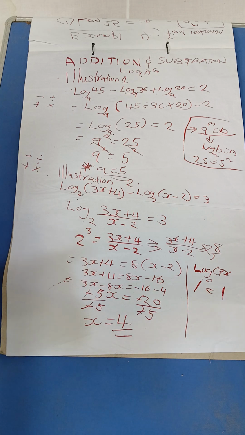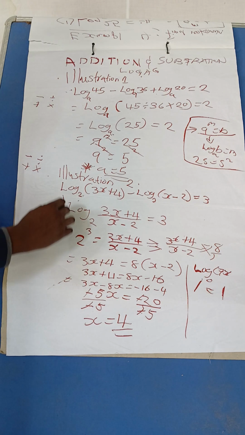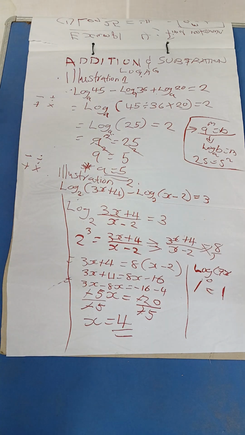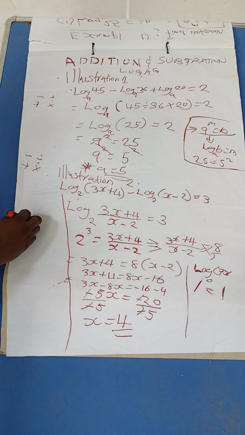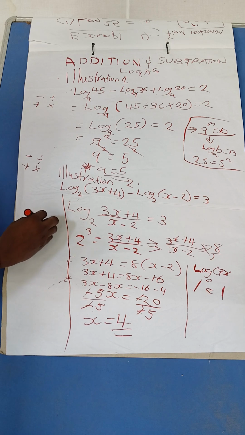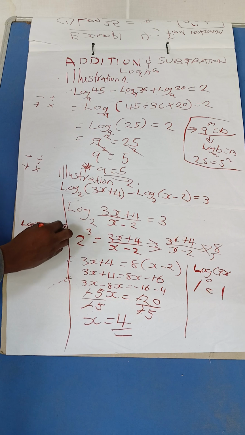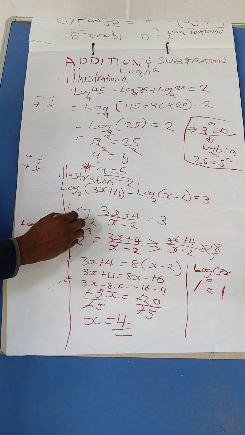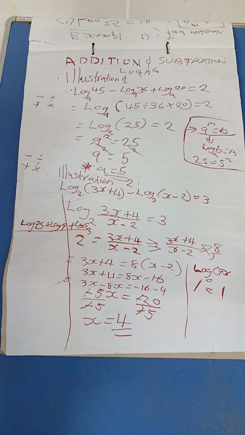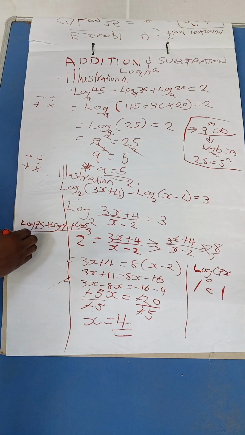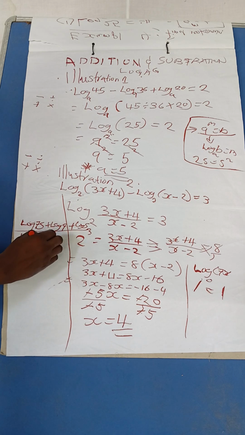Another question I want you to go and try. Solve. Find the value of the unknown. We have log 75 plus log 9 plus log 5, divided by log 5 plus log 45.